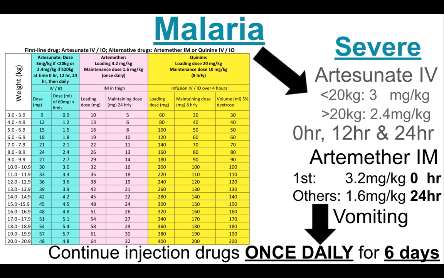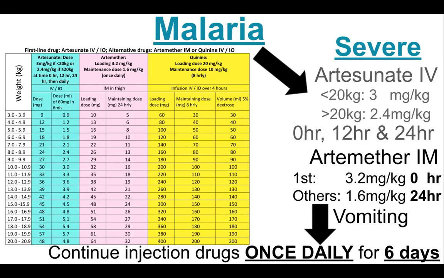So other than artesunate, we can also use artemether IM. For the first dose, which is given at 0 hour, it is 3.2 milligram per kilogram. And then the second dose for artemether is after 24 hours, 1.6 milligram per kilogram, which is half of the first dose. If the patient is vomiting and couldn't swallow the tablet, we need to continue the injection drugs once daily for 6 days.